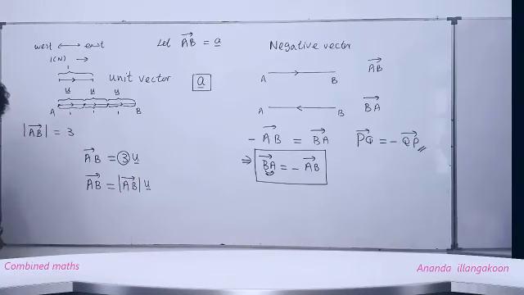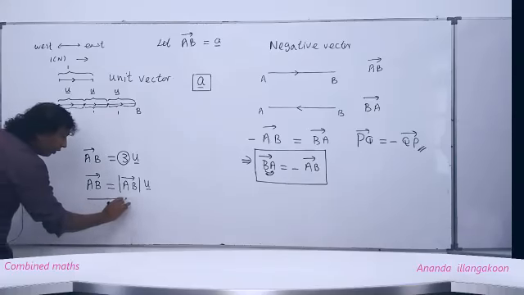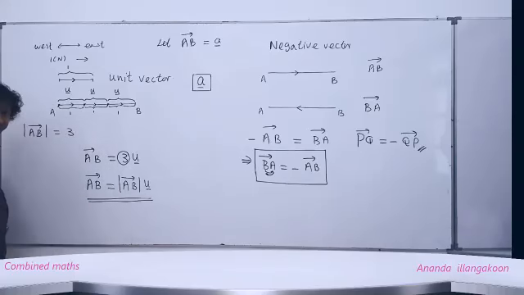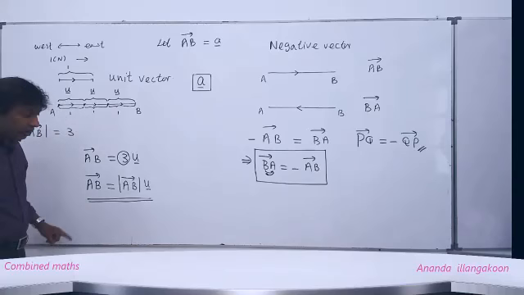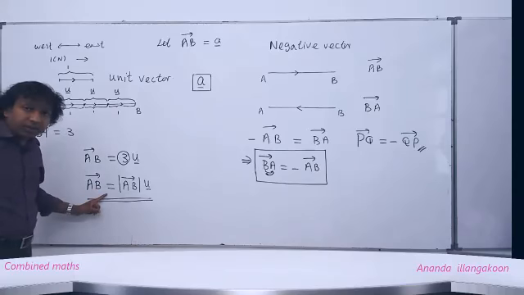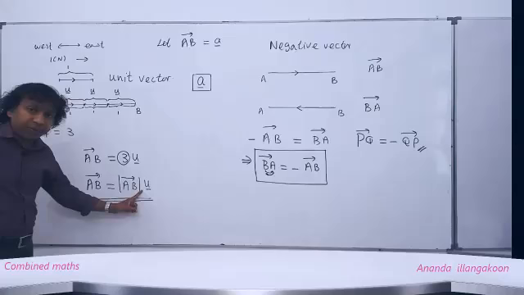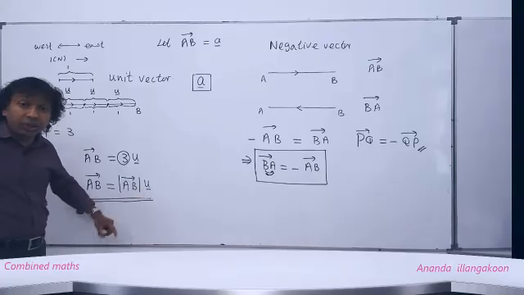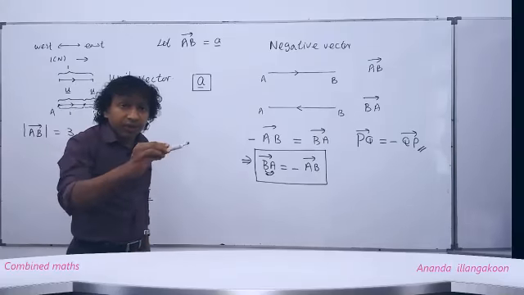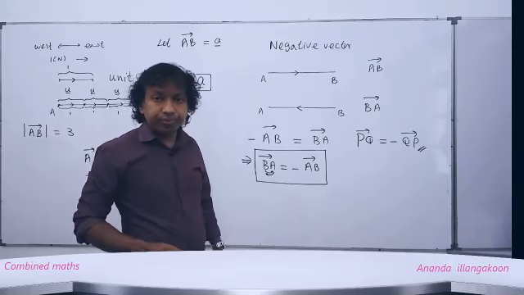So therefore, people, this is another important thing that we have to understand. What is that, people? The AB vector we can write as the AB vector's modulus multiplied by what? A unit vector along the direction of the vector AB. Understand, people?